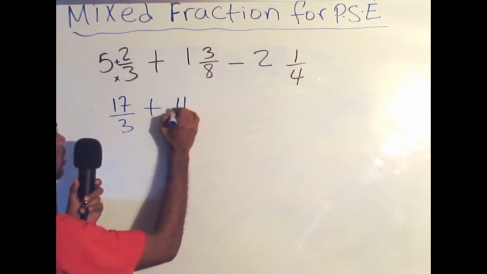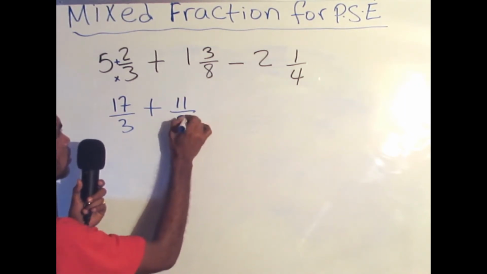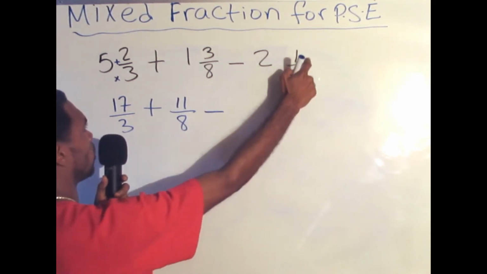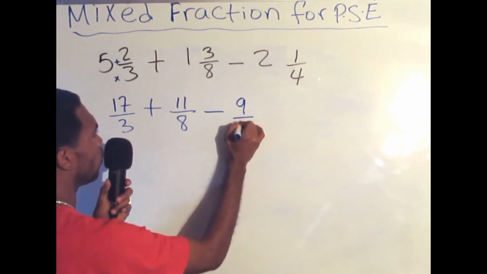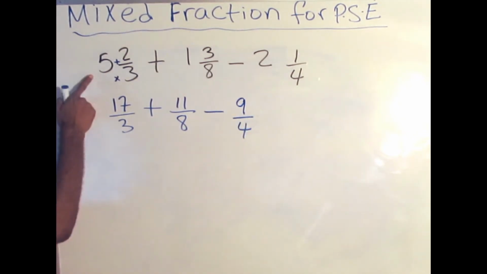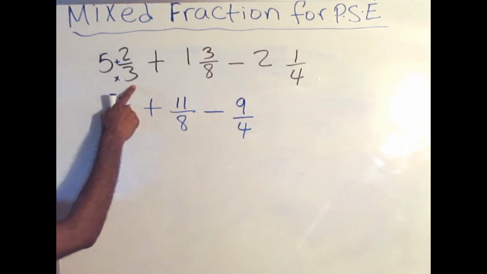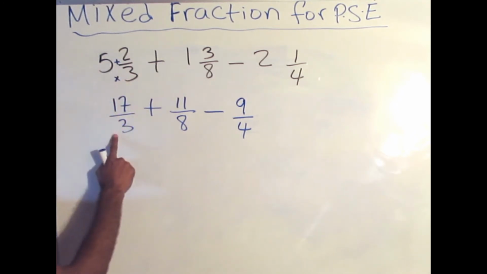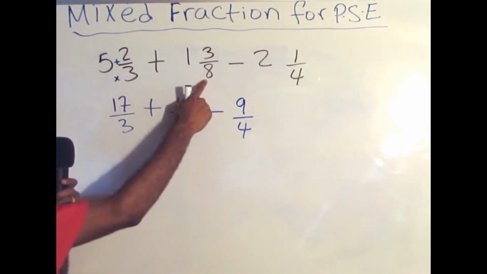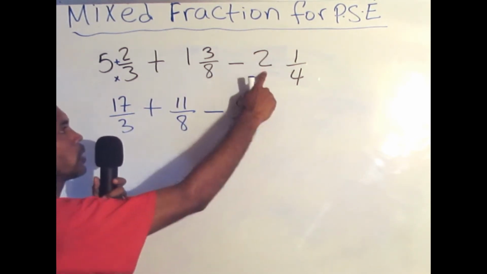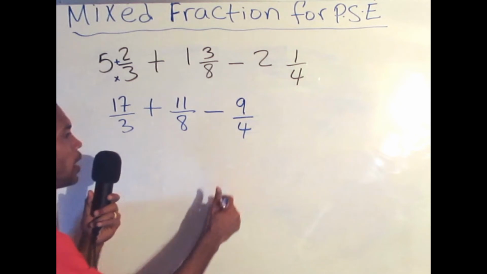So it's 11 over 8, minus 2 times 4, 8, and 1, 9, so 9 over 4. Remember, how did I get this 17 over 3? It's 5 times 3, 15, plus 2, 17 over 3, plus 1 times 8, 8, plus 3, 11 over 8, minus 2 times 4, 8, and 1, 9 over 4.